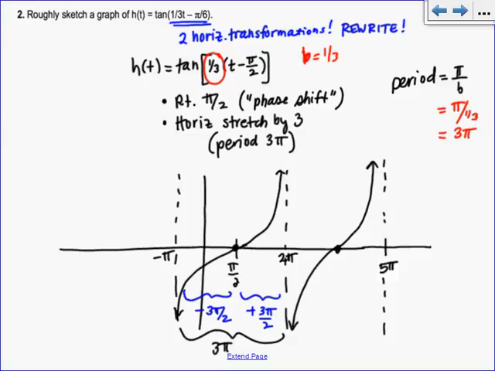I didn't draw that very well. What is it? 3 pi over? Nope, not 3 pi over something. Dang, I cannot draw this. I want to draw it the same as the other one, but it's really hard with tangent. Yeah, I'm going to add 1/2 pi, so I have 3½ pi, which is 7 pi over 2. Right, and then same thing over here.